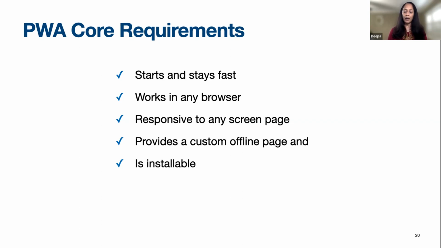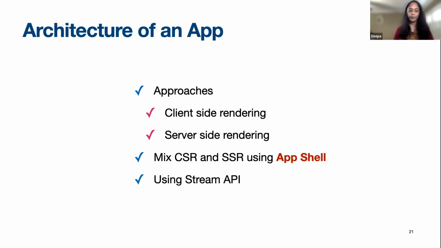Progressive web apps generally work on all the major browsers, but there are some browsers out there which do not support them. There is a way to check whether a browser supports progressive web apps or not, which I'll be talking about in a moment. So take an example. Here is an app architecture.